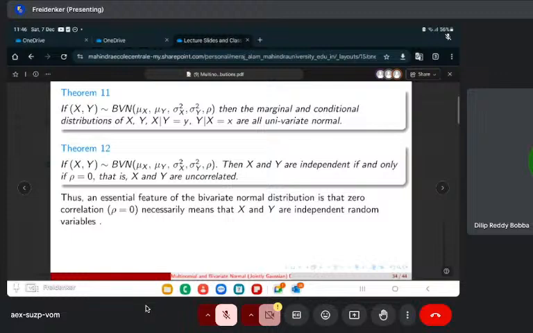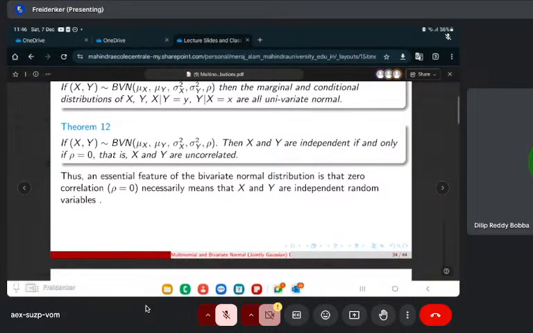Fine. So, a new piece of information, and vice versa also. If x and y are independent, then rho is 0. If rho is 0, then x and y are independent. Both ways it's true. That's because we have if and only if. So implication goes both ways.